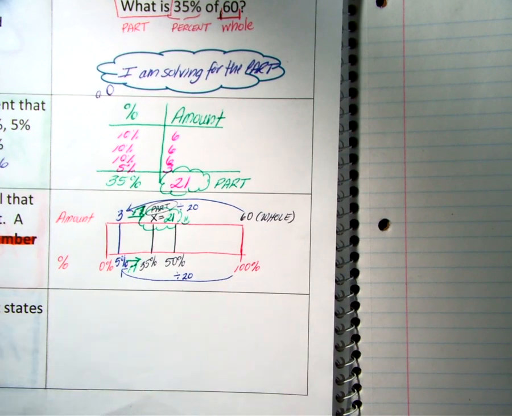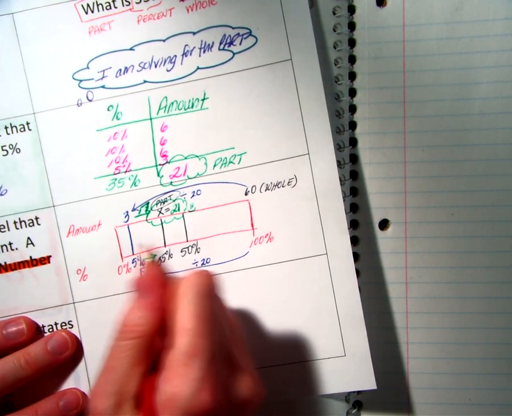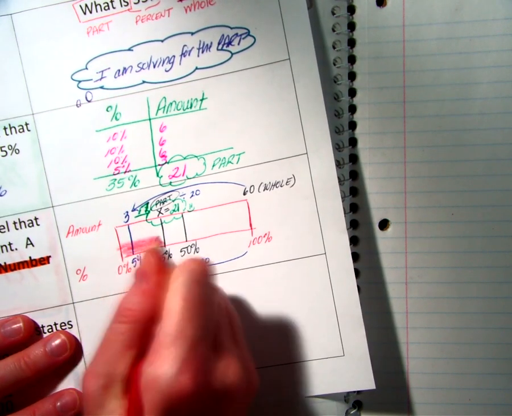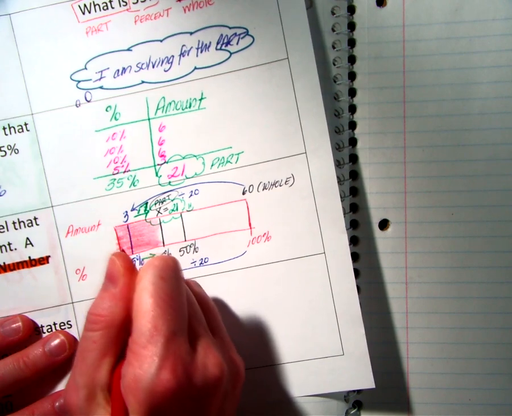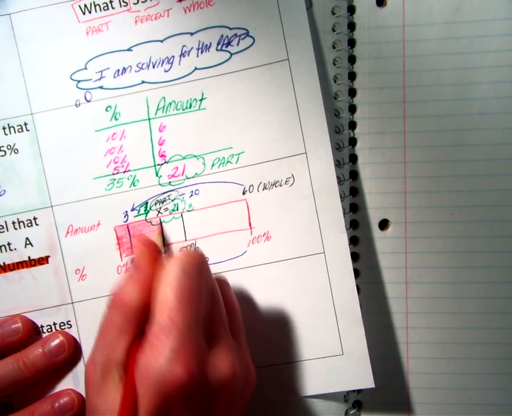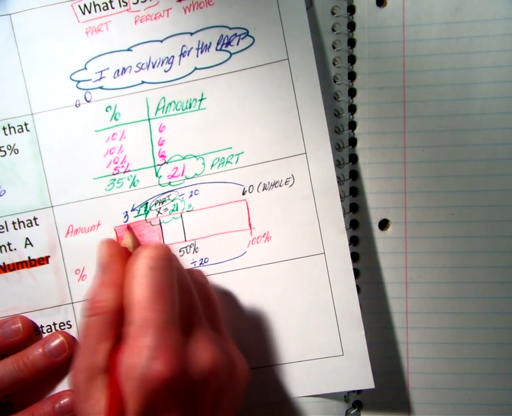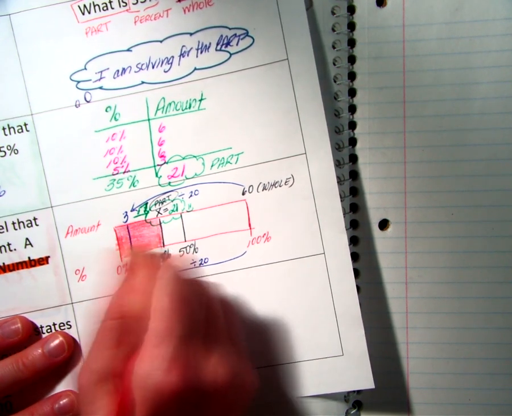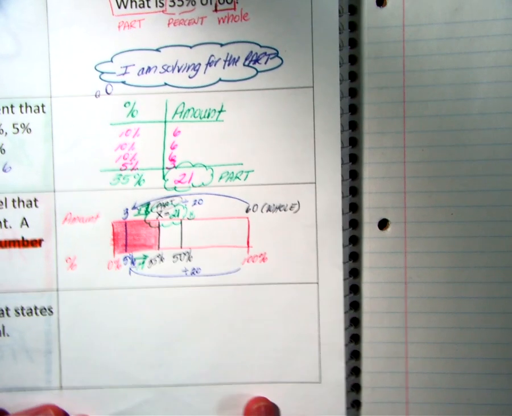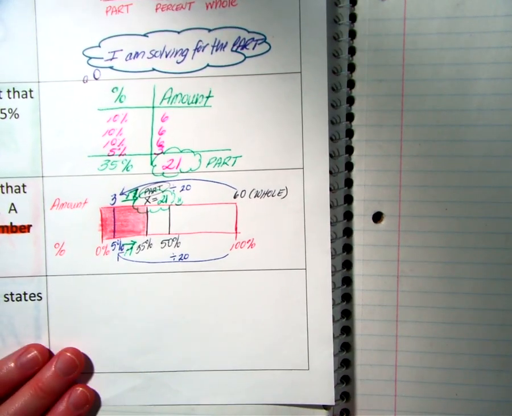If I had 50% of the crackers, I would shade half the percent bar. I have neither of these. I have 35% of the crackers. So I'm going to shade 35% of the box. You're going to share this many crackers with your sibling. They get 21. You get the rest.